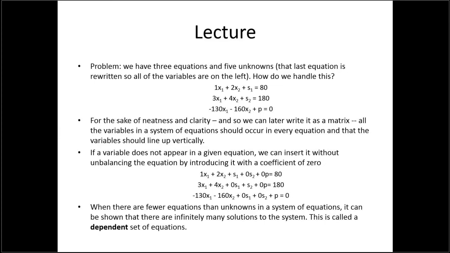We're going to make things a little more confusing in order to set it up as a matrix. We want to have every single variable present in every single equation. So we have all 5 variables present, and in some cases they're dummy variables because they have zeros in front of them, but this is just for the sake of setting it up as a matrix.